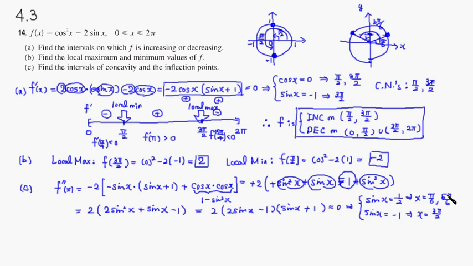All right, so let's do the number line for the second derivative. You have to go from 0 to 2 pi, just like before. Then we have to mark 3 pi over 2, which is over here.